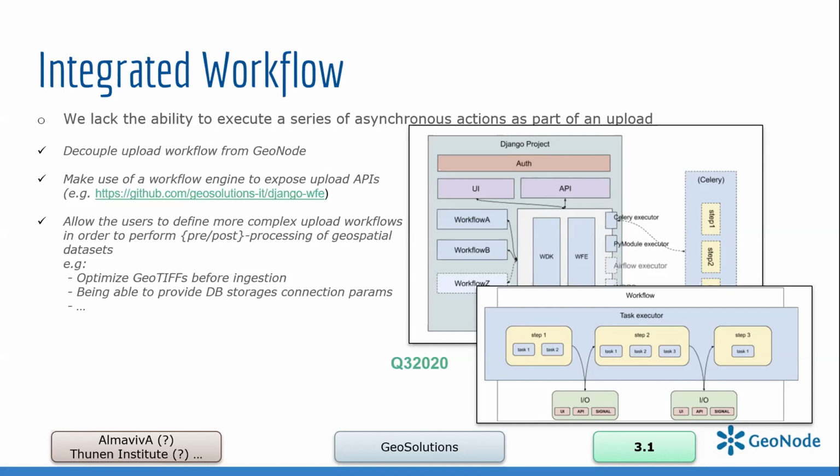So basically, for instance, if you want to apply some pre-processing to your geospatial datasets, you can do that by modifying the steps of the upload workflow.